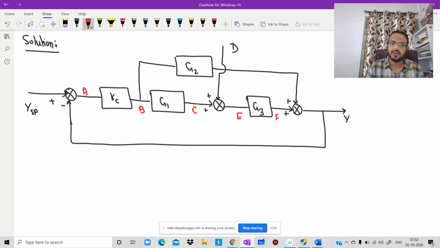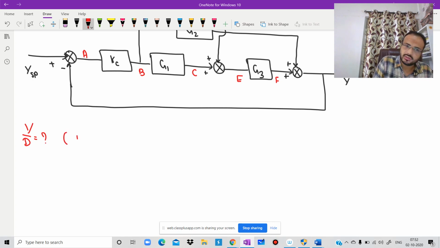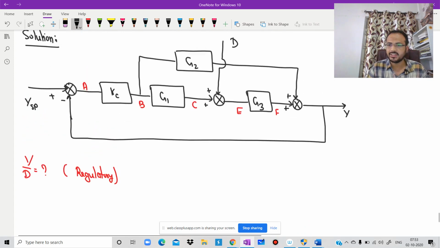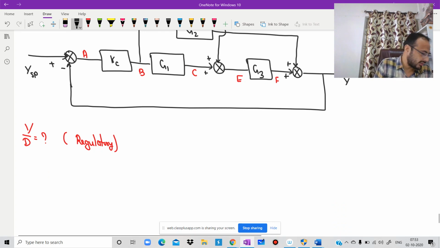Now we will solve step by step. First, we need to calculate y by d. It means we need to calculate for regulatory one. Assign variables, we have already assigned. Now next step, write equations for every function and every node.